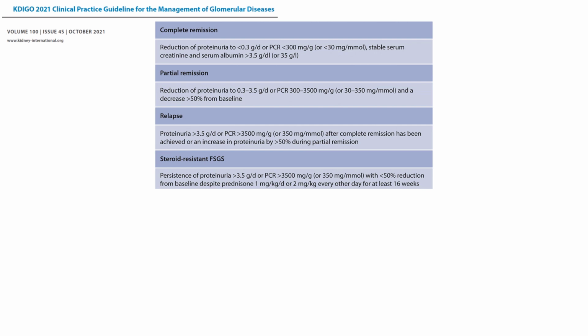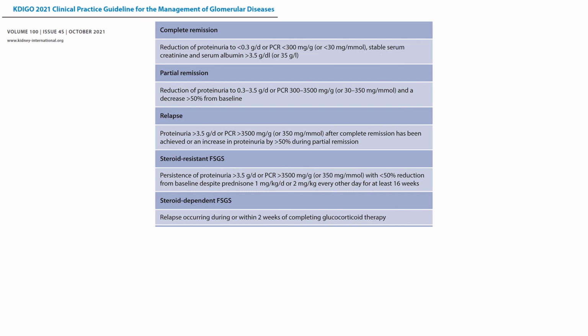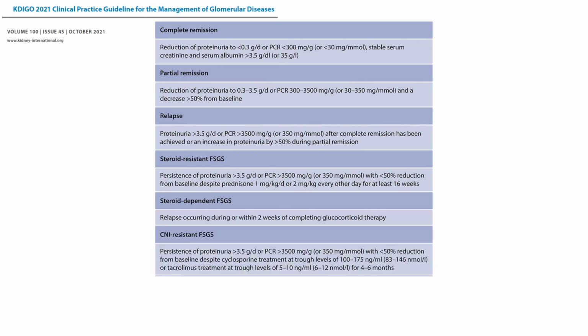Steroid-resistant FSGS, this will be considered if you tried steroids with the maximum dose for at least 16 weeks. So if the patient is not responding to steroids for 16 weeks, you will consider him as a steroid-resistant FSGS. Steroid-dependent FSGS, the patient responded well to corticosteroids, but there is a relapse during the glucocorticoid therapy or 2 weeks after completing the glucocorticoid therapy.